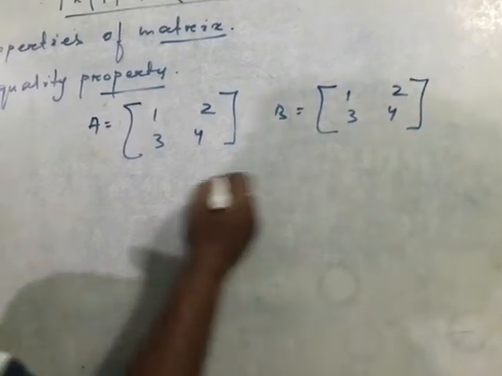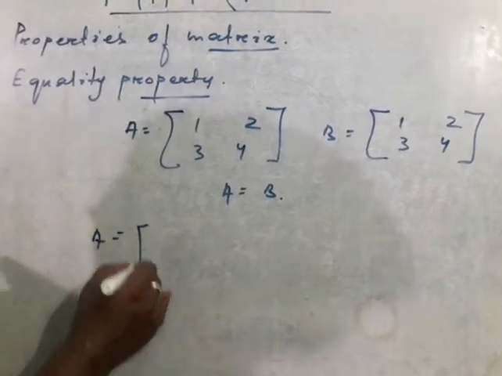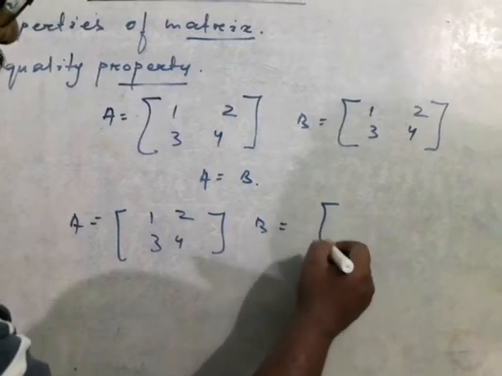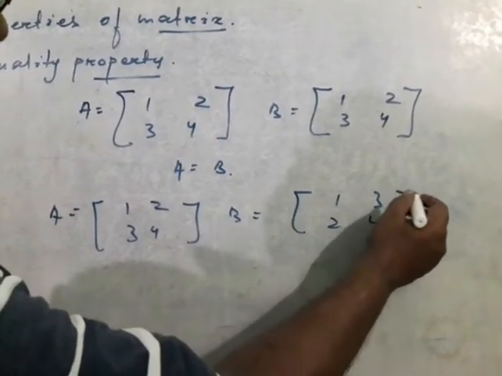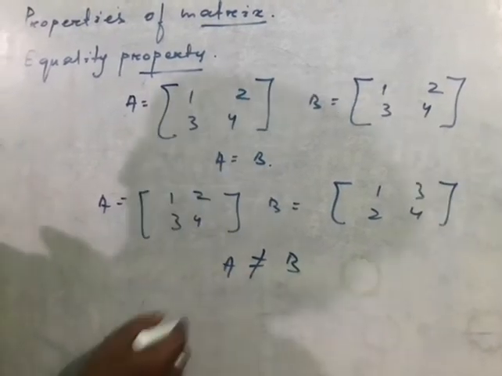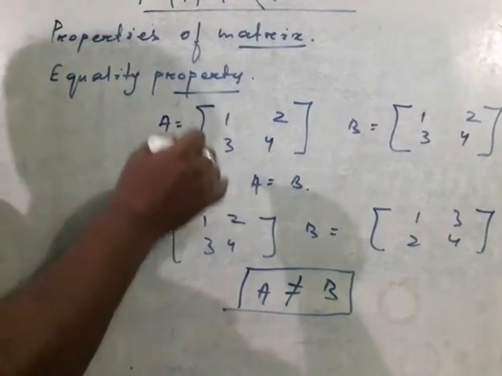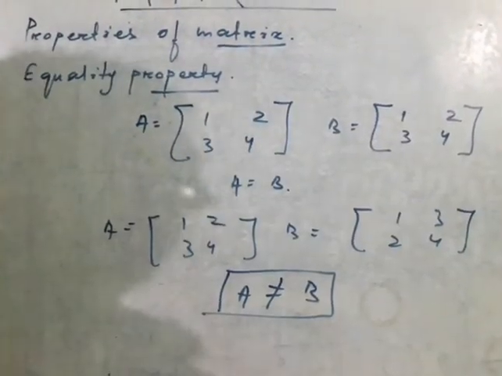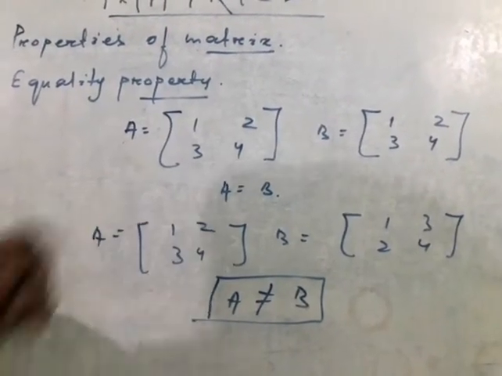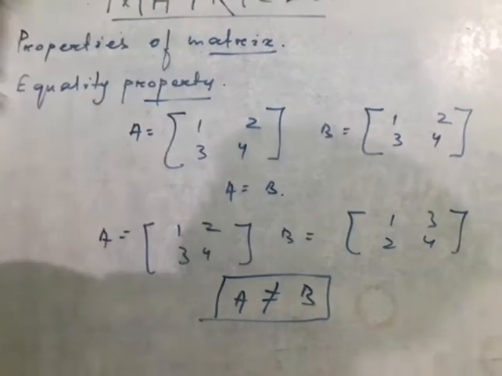Then in that case we can say that A is equal to B. But if A is equal to 1, 2, 3, 4 and B is equal to 1, 2, 3, 4 with a different order, in such cases we cannot say that A is equal to B, or in other words, A is not equal to B. So, whenever both the orders of the matrices are equal and at the same time the entries are also equal, then in such cases we can say that both these matrices are equal matrices.